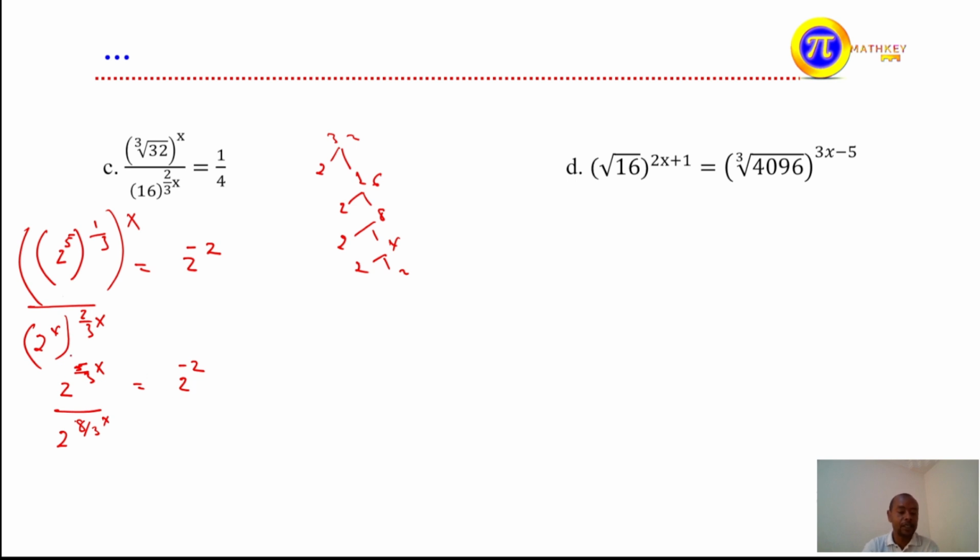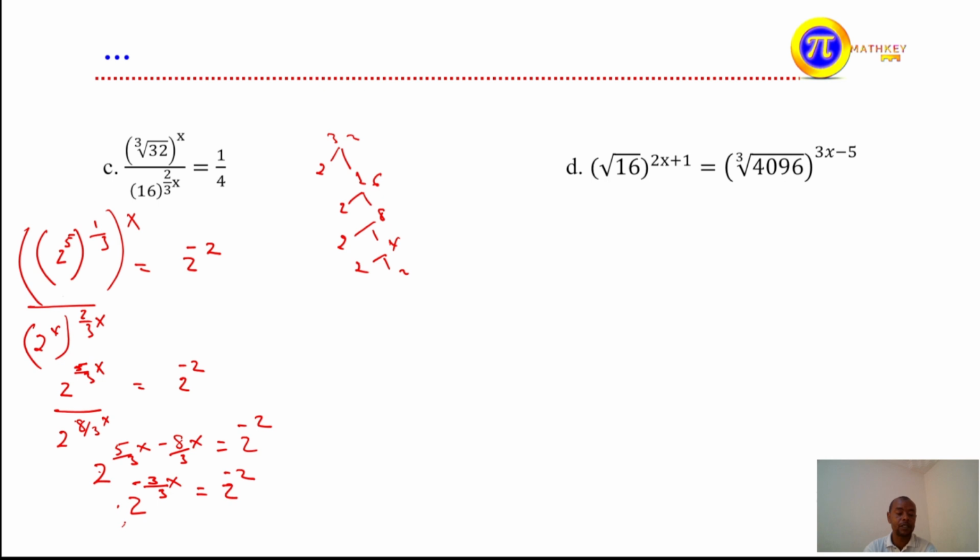At the left side, they have the same base. If they have the same base, we take the difference of their exponents, which is 2 to the power of 5 over 3x minus 8 over 3x, equal to 2 to the power of negative 2. Take the difference of these exponents: 5 over 3x minus 8 over 3x is 2 to the power of negative 3 over 3x, which is equal to 2 to the power of negative 2.